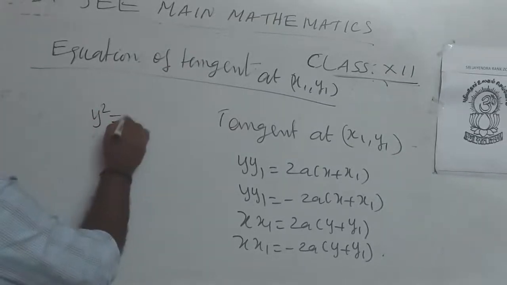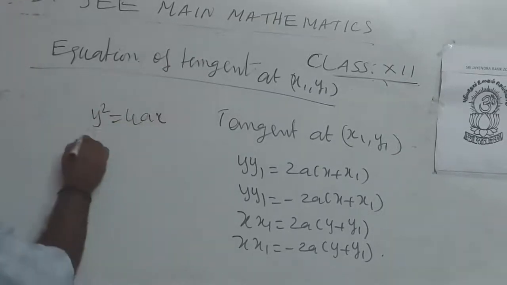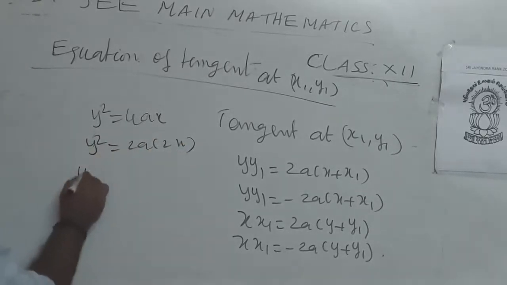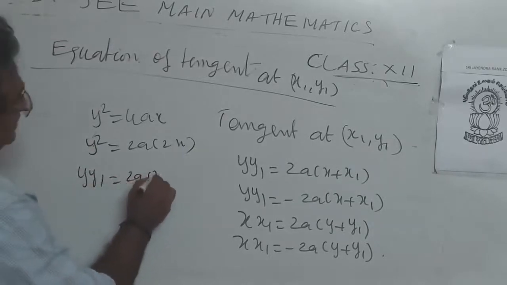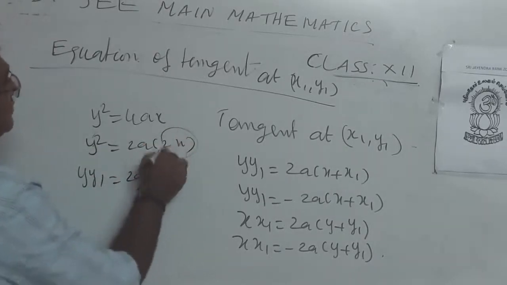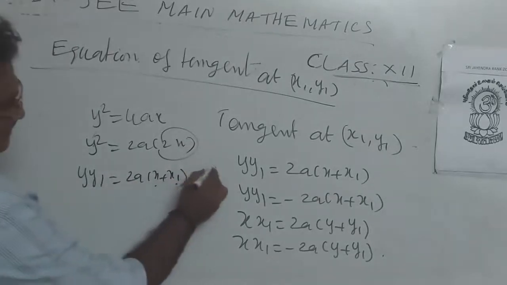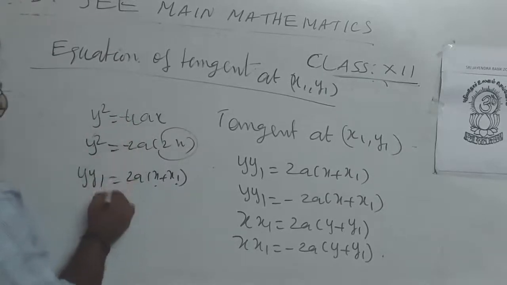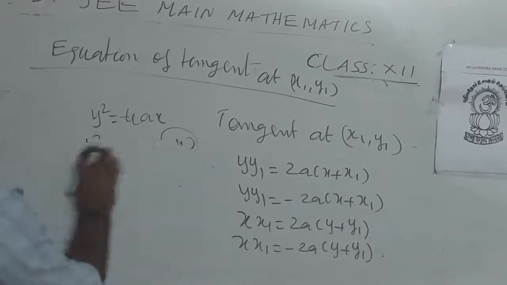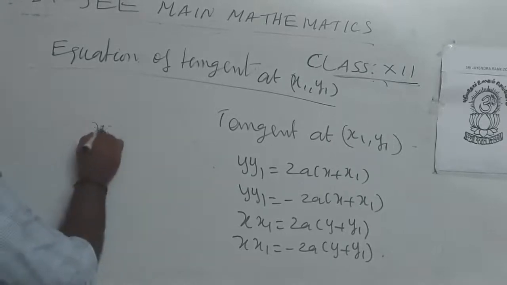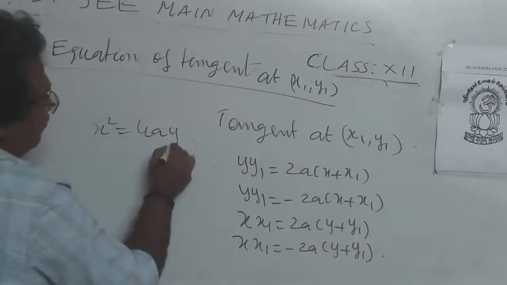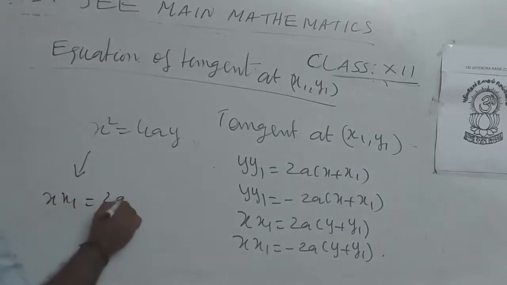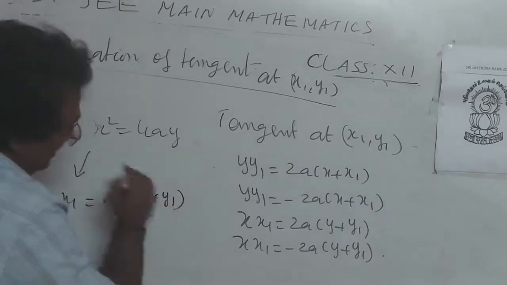y squared equal to 4ax. You can write y squared equal to 2a into 2x. In place of y squared, take y y1; in place of 2x, take x plus x1. You get this answer. Like that, if you take y squared equal to minus 4ax, you get y y1 equal to minus 2a into x plus x1. If you consider x squared equal to 4ay, for x squared you take x x1, and 2a into 2y, that is y plus y1.